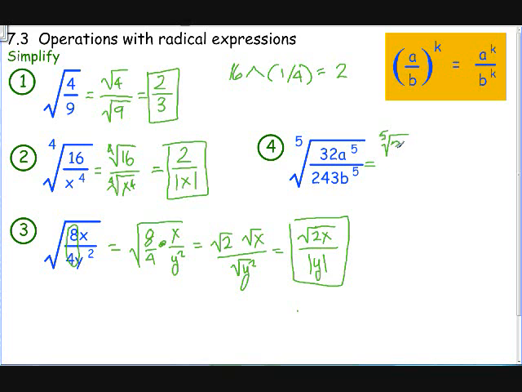Fifth root of 32 over the fifth root of 243 times the fifth root of a to the fifth over the fifth root of b to the fifth. I don't know why it's doing that, and I'll have to figure out how to stop it.